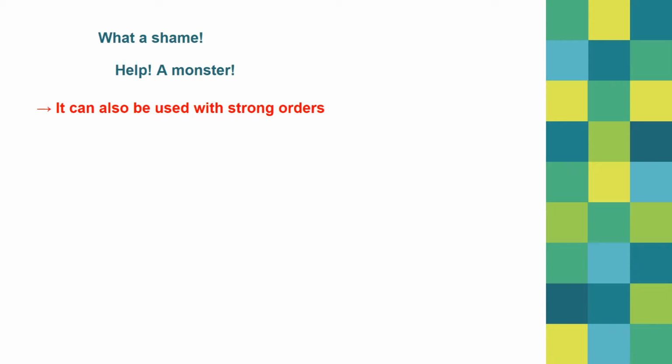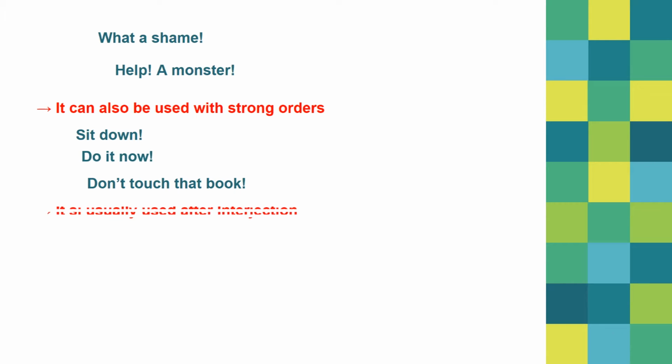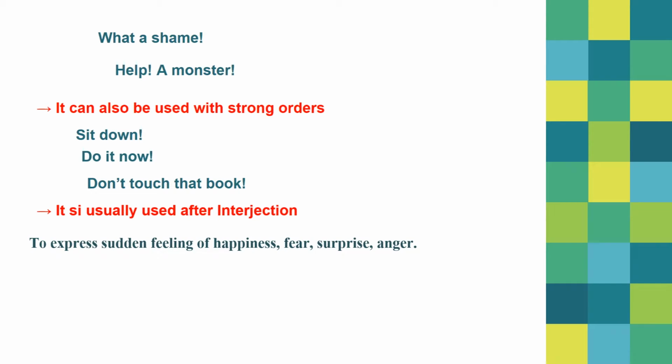It can also be used with strong orders like sit down, do it now, don't touch that book. Also, it is usually used after an interjection to express sudden feeling of happiness, fear, surprise, anger, etc. Some of the words are hello, hurry, ouch.